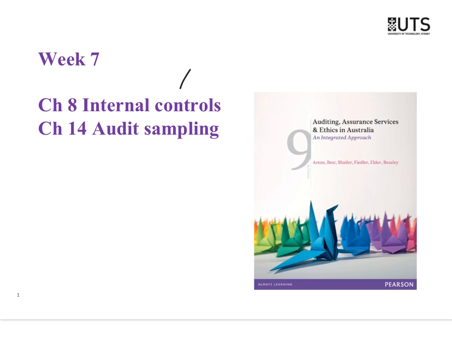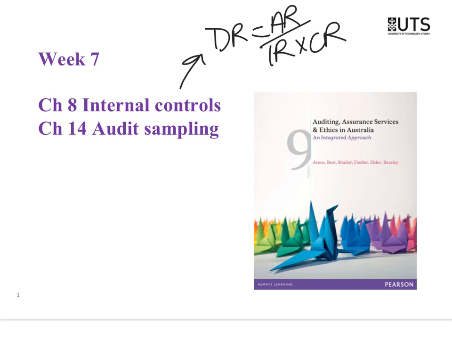So we know that knowing about internal controls feeds into our audit risk model. And hopefully, after our video interviews, most people know that this is what the audit risk model looks like. And we've learned about how to assess inherent risk. Today we're going to look at what goes into control risk.